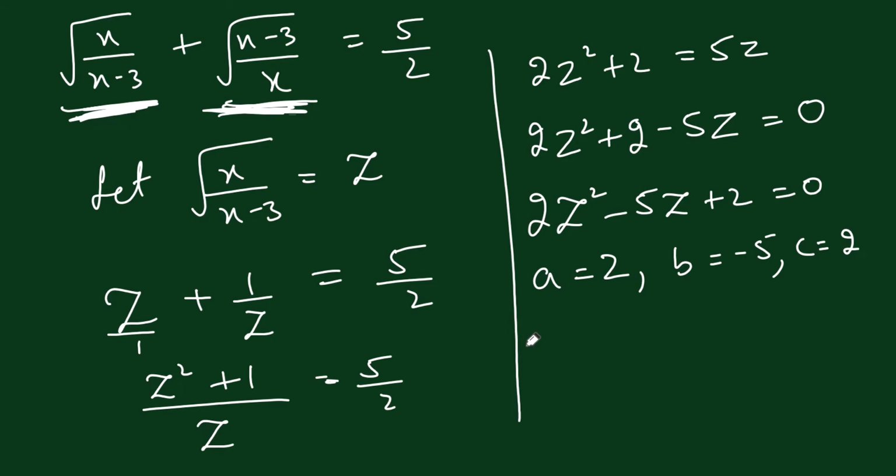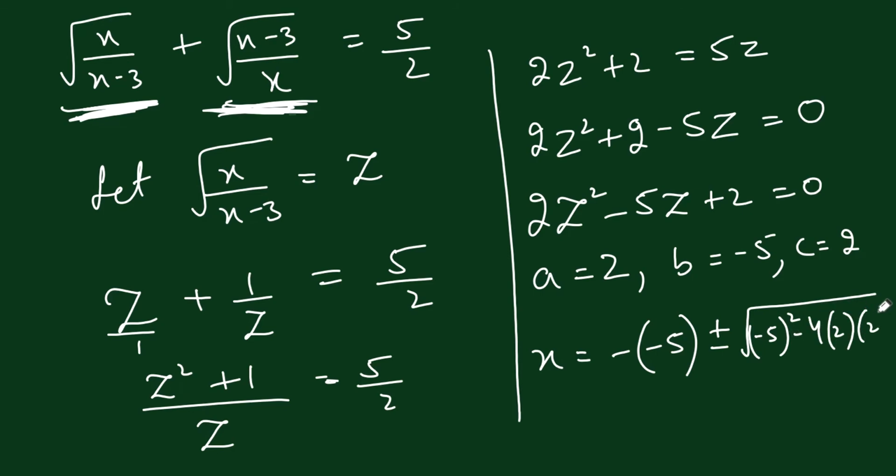So using the formula x is equal to minus b, here b is minus 5, plus or minus under root b square minus 4ac, whole divided by 2a. So 2 into a, where a is 2. So minus into minus is plus 5, and square of minus 5 will come 25.